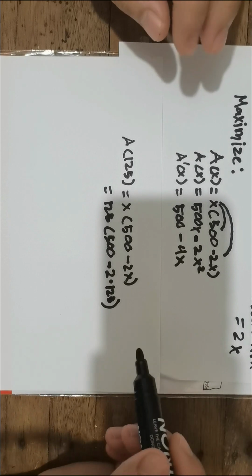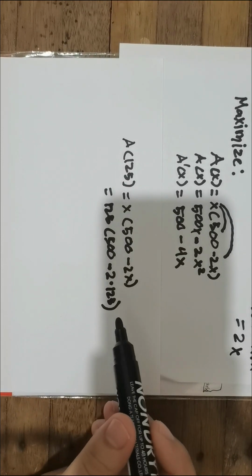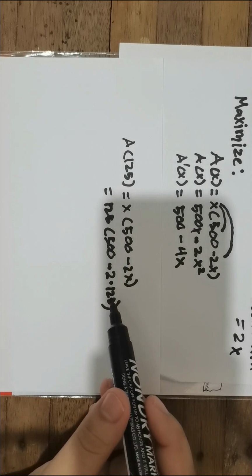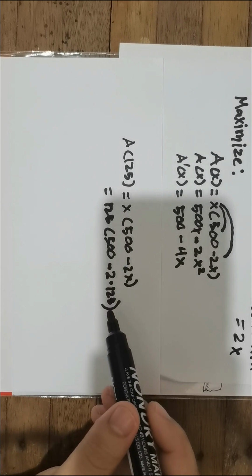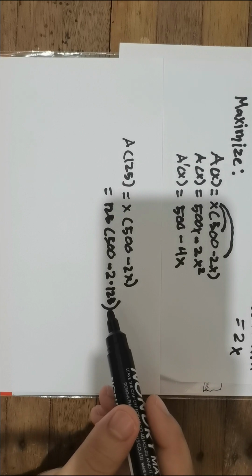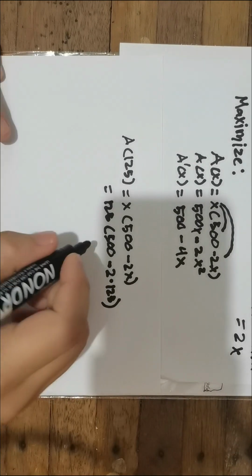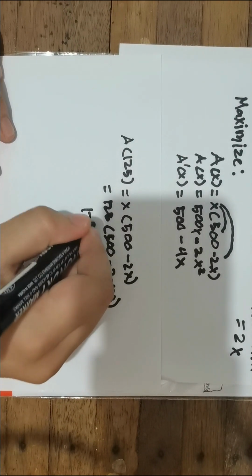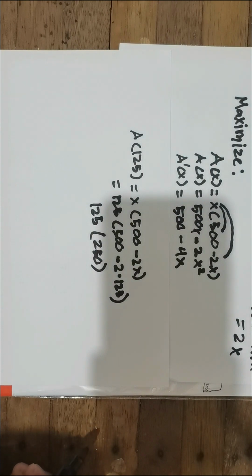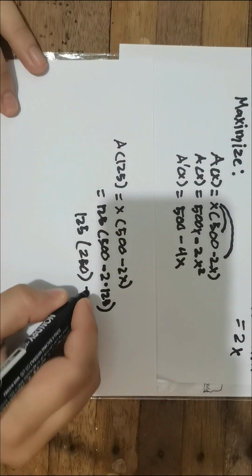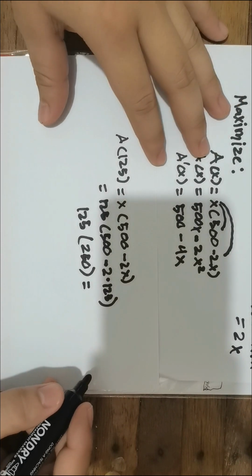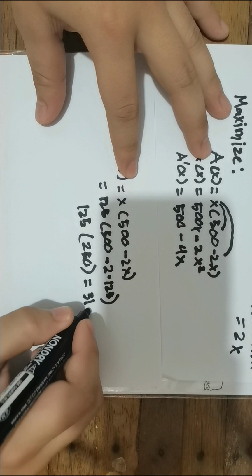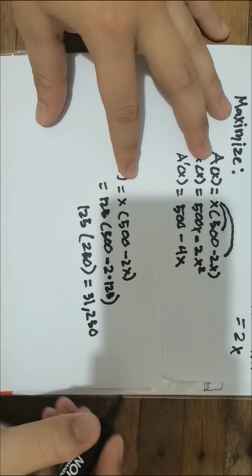Now let's solve what's inside the parentheses. 2 times 125 is 250. 500 minus 250 will give us 250, times 125. 125 times 250 will give us the answer, 31,250 feet.